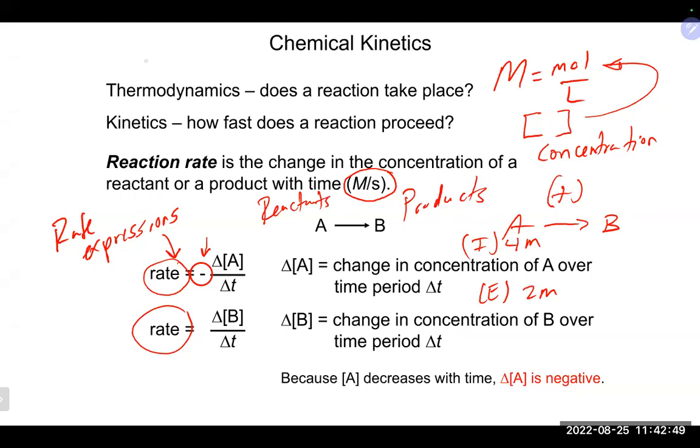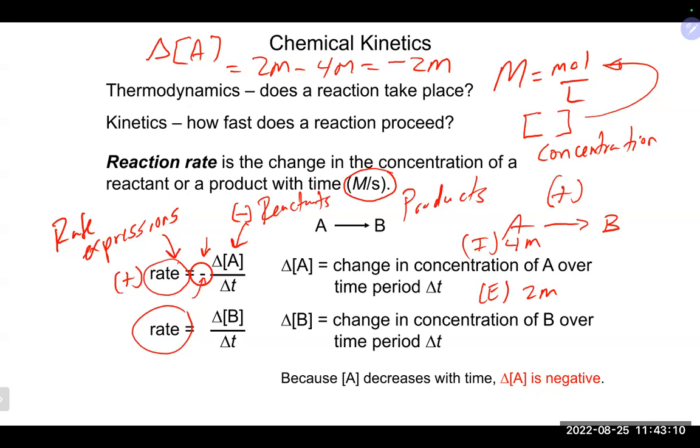So it would be 2 molar minus 4 molar, which gives us a negative 2 molar, and with the negative on the outside, that turns my rate into a positive number, which is what it should be.